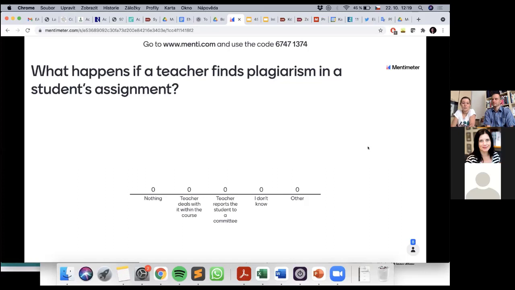Or if your process is somehow special, you can write a short description of the process in the chat.